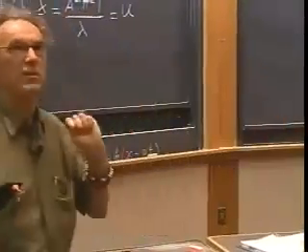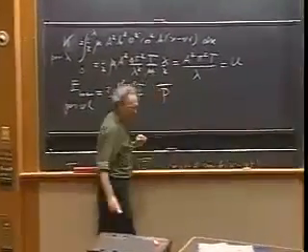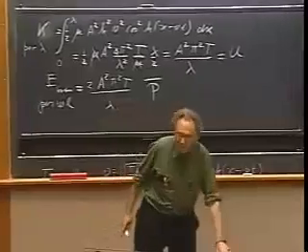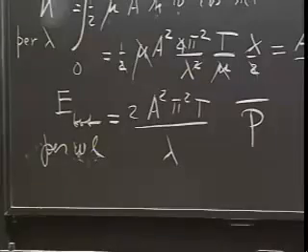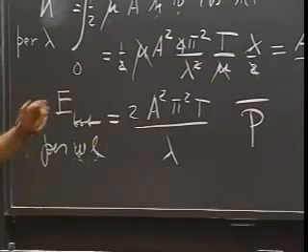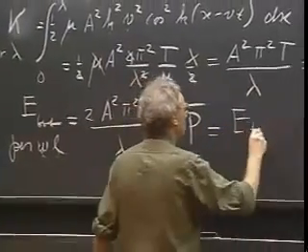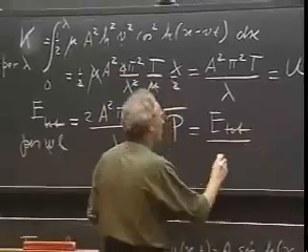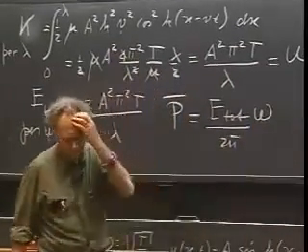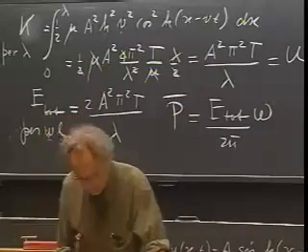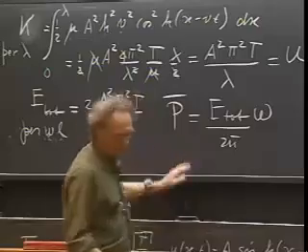And so the average power that I have to generate if I am driving this traveling wave into the string is E total, and you have that here, divided by 2 pi over omega. And this is in watts, of course. This is joules per second.